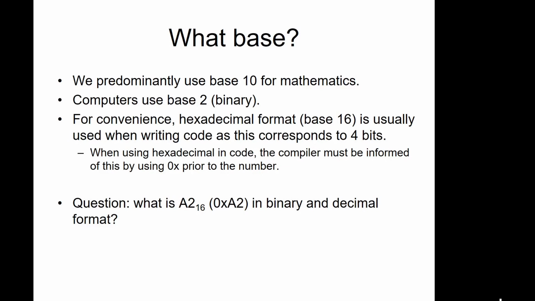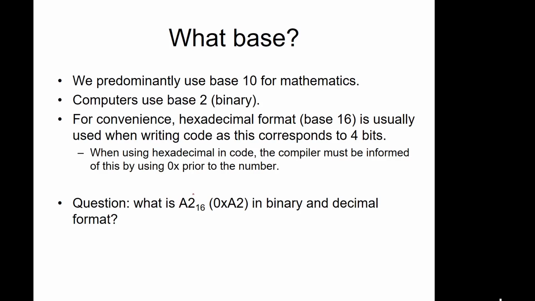Computers need base 2, and if we want to program in binary, we usually use the format of hexadecimal, which is essentially binary, just a bit more concise. So that is base 16. When you write a program, you can represent numbers in any of these formats. You just need to be sure you can convert between them.